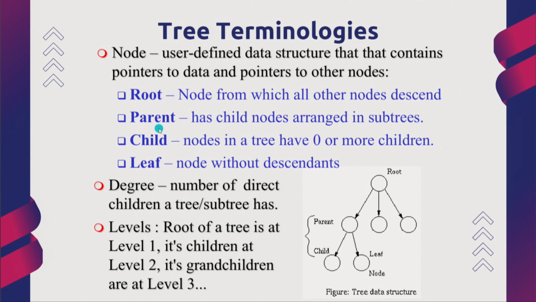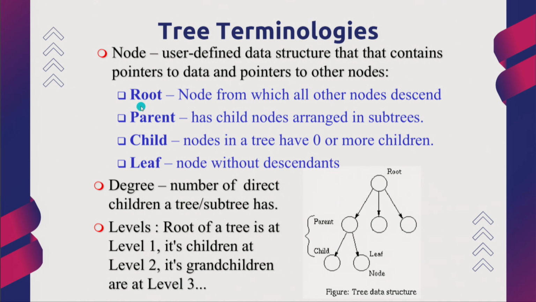As I said, a tree may have many levels, and for any node at a higher level, its parent would be in the previous level. For us, any intermediate node can be treated as a parent node, and all other nodes that are its descendants are treated as a subtree.